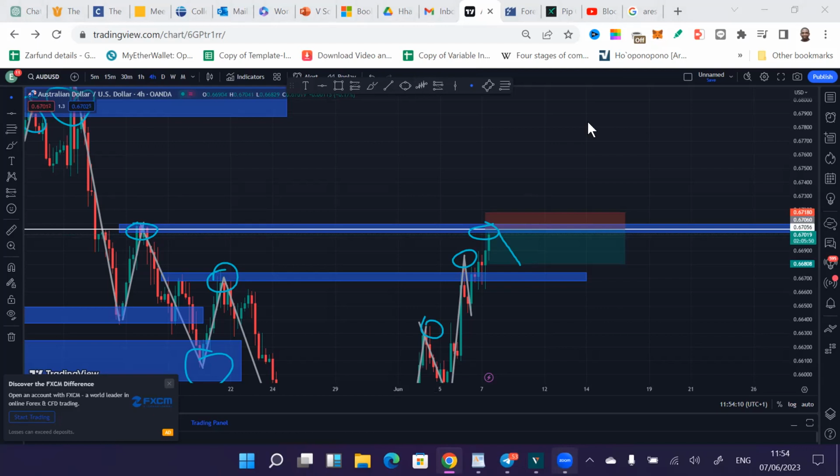For some people, they're going to be like, okay, if I'm on my phone, how do I know horizontal line? How do I know vertical line and all that? So I want to show you guys something right now. I want to switch my screen to my phone so that I can show you guys how to use your MetaTrader. Okay, so let's do that now.